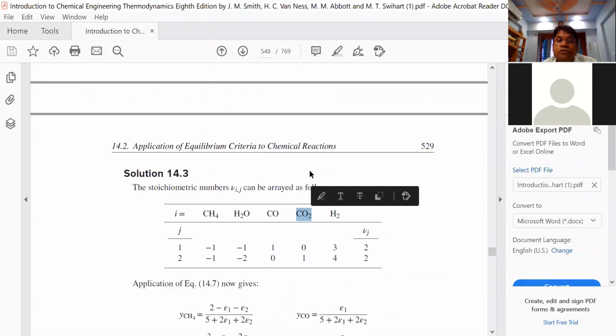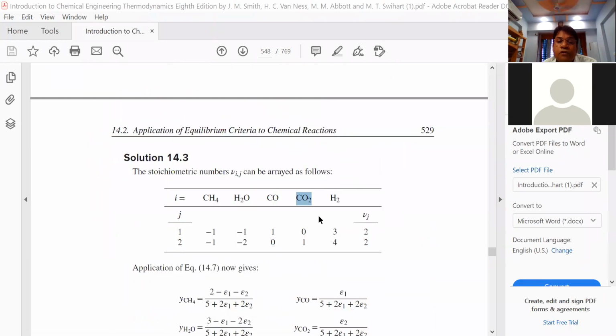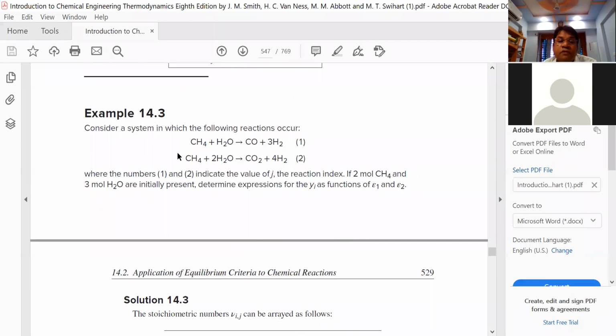There is no CO2 in the first reaction, so it is 0. Similarly, this is the second reaction. For the second reaction, you can see the stoichiometric coefficients of methane, water, carbon monoxide, carbon dioxide, and hydrogen from here.